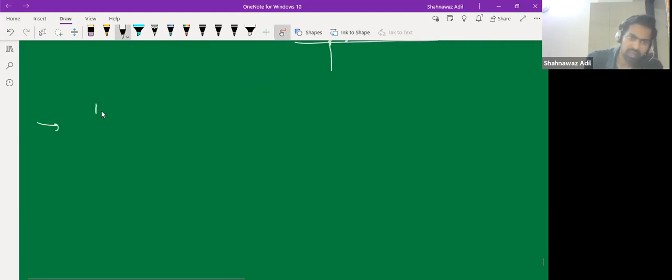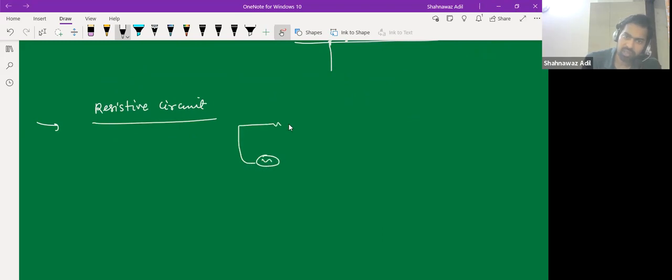After that, we did the resistive circuit. In the resistive circuit, what did we find? We had this AC supply and this resistance. This is E naught sine omega t, the voltage that we are supplying.